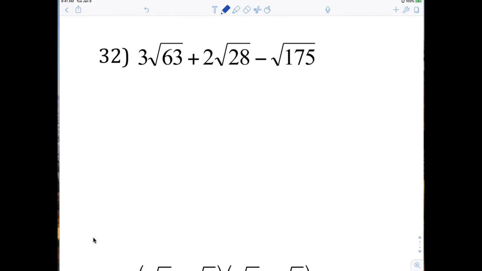Okay, what perfect square is in 63? 9 times 7, right? So the square root of 9 is... 9 radical 7. Probably what's in 28? Yep. And then how many quarters? 25 times 7, right?